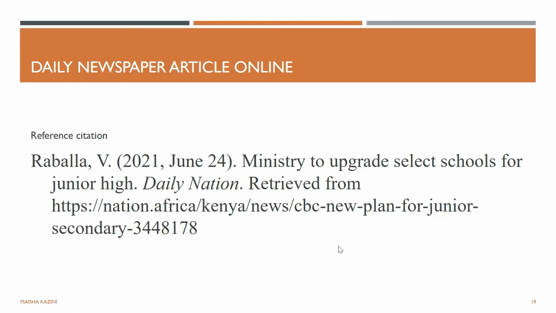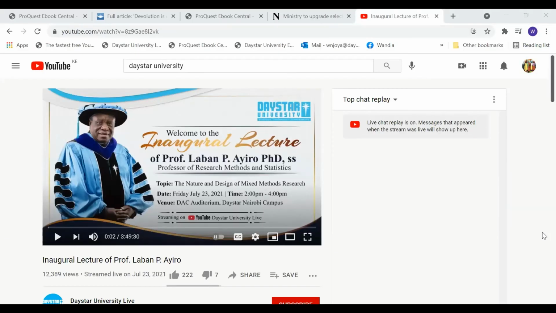Okay, now let's go to the next publication, which is a YouTube video. This is the YouTube video that I would like to quote. Remember, we look for the author, the date of publication, because YouTube publishes all the time, so we need the date, and then the title of the video so that we can put it in our reference list.